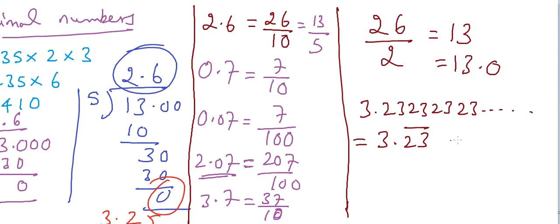So it's a non-terminating decimal but a recurring decimal. This can also be written by placing a dot over the recurring digits. So as I said earlier, these are recurring decimals.